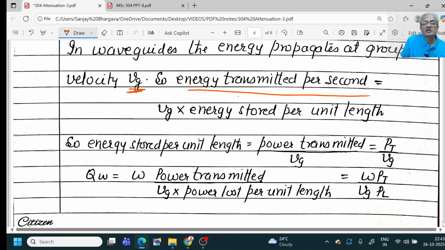So energy transmitted per second would be equal to Vg into energy stored per unit length. So energy stored per unit length would be equal to power transmitted upon Vg. So QW would be equal to omega times power transmitted upon Vg into power lost per unit length, that is omega Pt upon Vg PL.